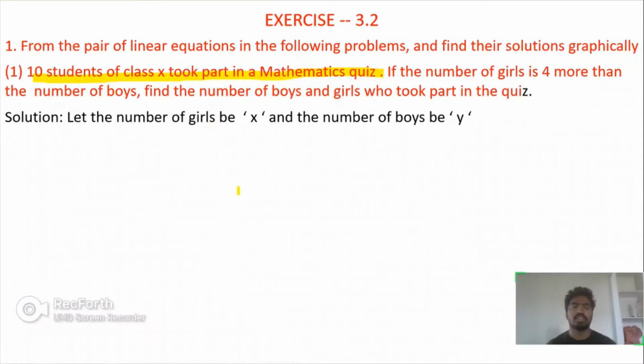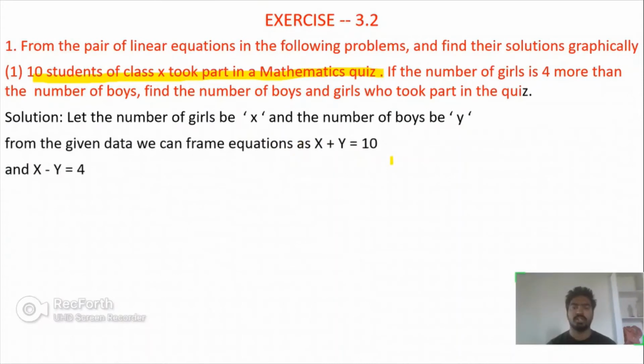I can frame the first equation as the total number of students, both girls and boys: x plus y is equal to 10. And the second statement, the number of girls is 4 more than the number of boys, that is, the difference between the number of girls and the number of boys is 4, so x minus y equals 4.